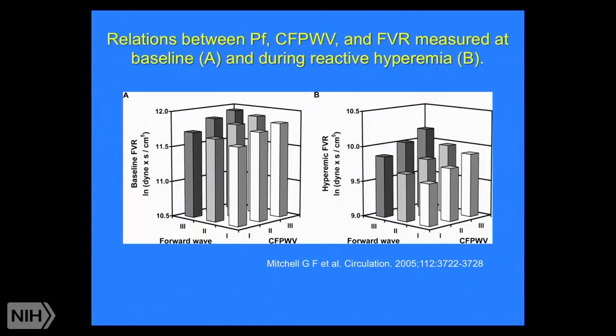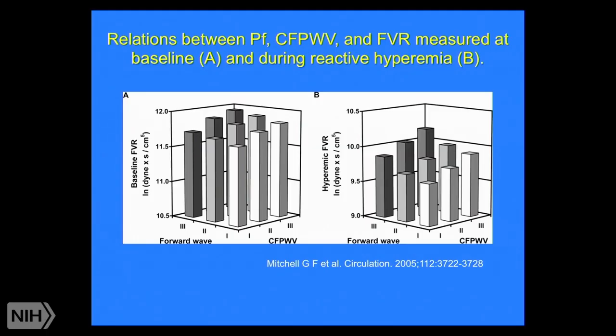And evidence for this comes from Gary Mitchell in Boston, who in this particular study was able to show the relationship between both the forward wave and the pulse wave velocity.